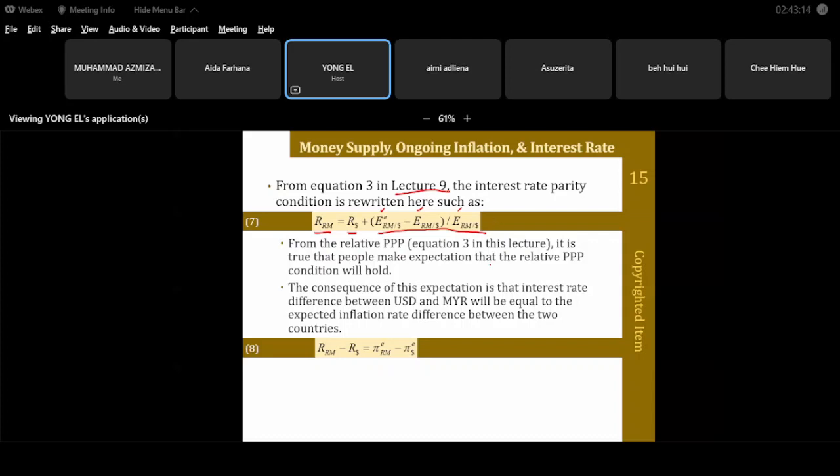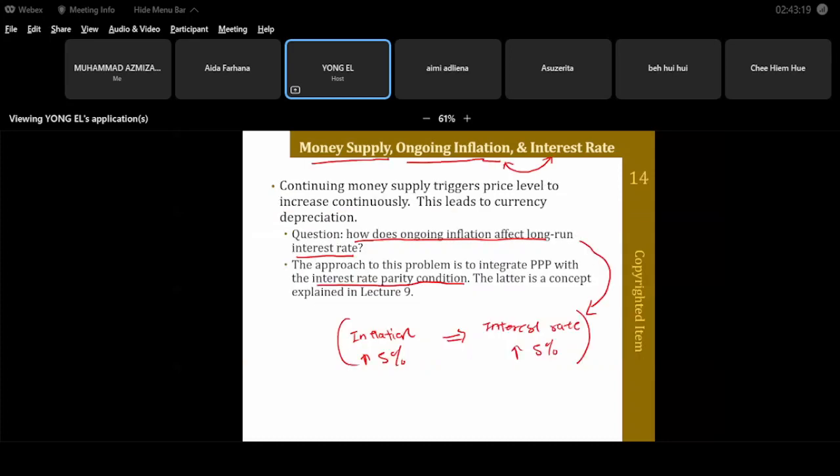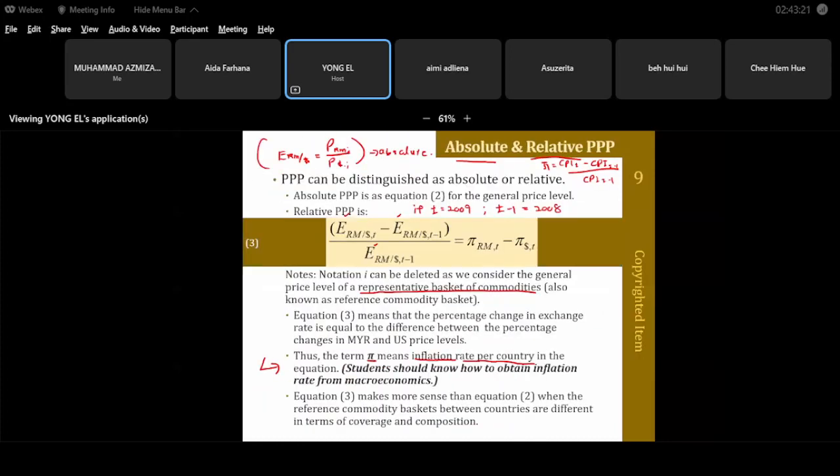And from our previous understanding, let me show you here, right here, this equation, equation number 3. We define that for relative PPP, the percentage change in the exchange rate is equal to the difference in inflation rate between the two countries.